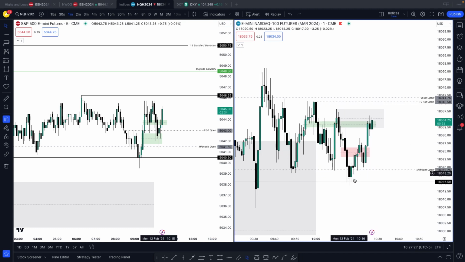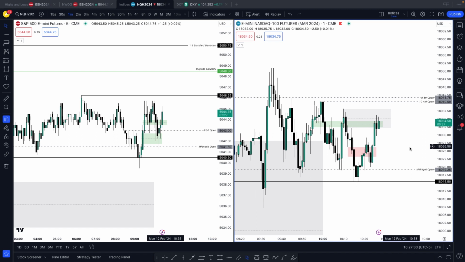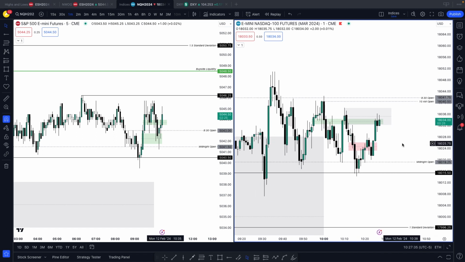See how manipulation occurs under the midnight open? And then distribution off of that. Okay, small inefficiency here if price is to return into that. But ideally we want to see closure above the midpoint here, which we're seeing right there.